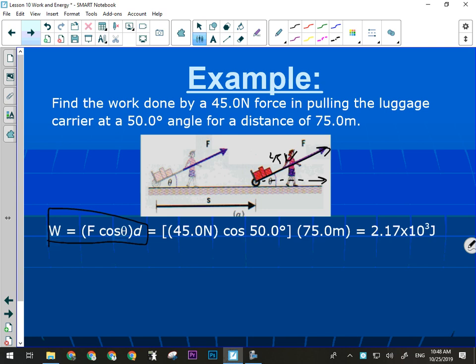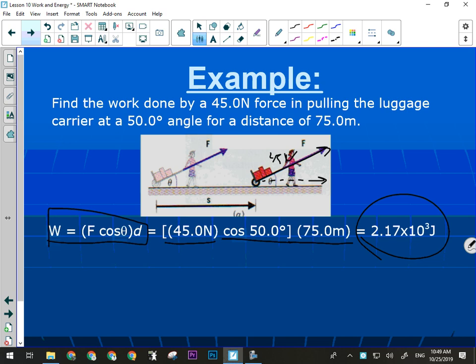So I need to find the force that is acting in the same direction as the displacement is going. Okay, so that means I go 45 newtons times the cos of 50 degrees, the angle they gave me, and then I multiply that by the distance, 75 meters, and I get that I have done 2.17 times 10 to the 3 joules of work.